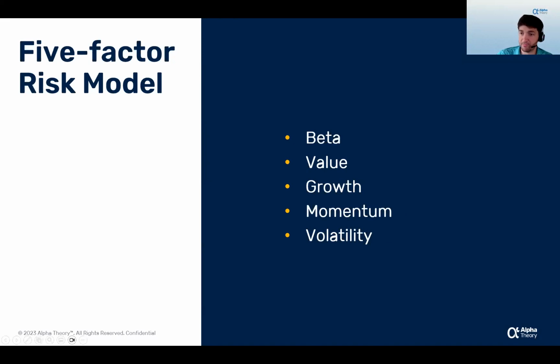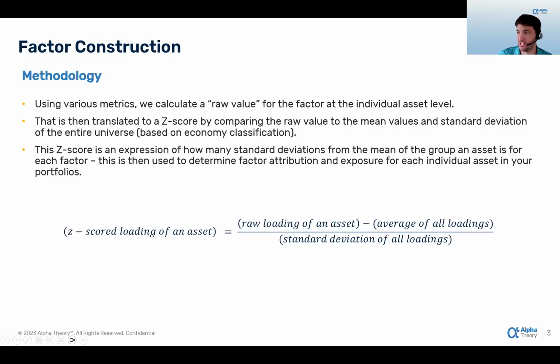Just to level set, the relationship of a ticker to the factor is expressed in a z-score, which simply states how many standard deviations this asset is away from the mean of, say, the entire universe of securities that you're using to calculate the factor.